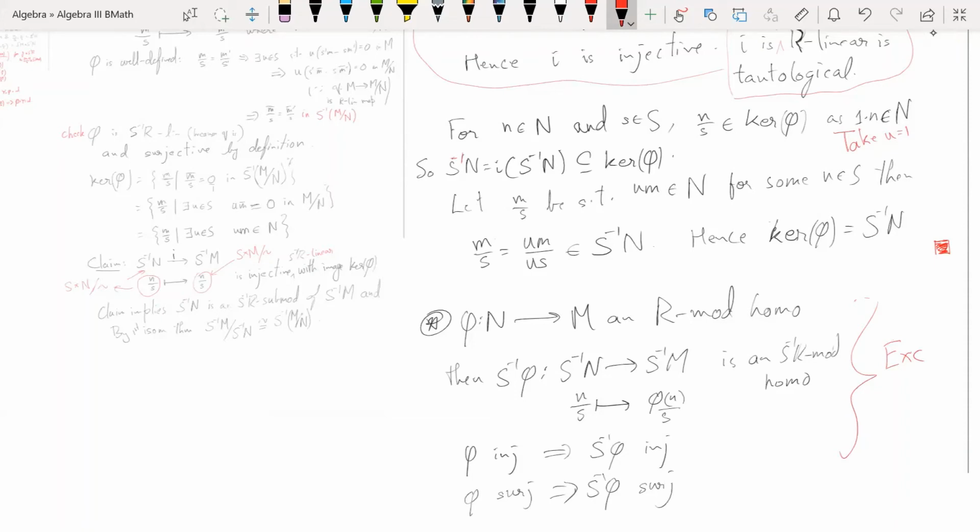And if phi is surjective, then S inverse phi is surjective. So localization really behaves well with respect to morphisms. An injective morphism goes to an injective morphism, and a surjective morphism goes to a surjective morphism. Any questions?